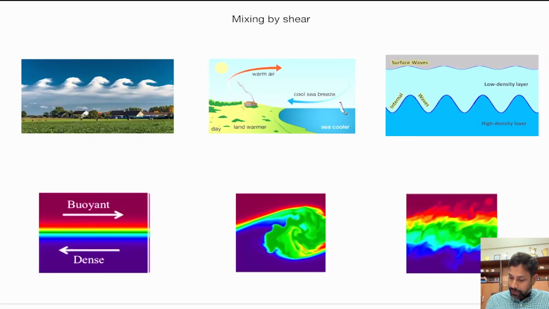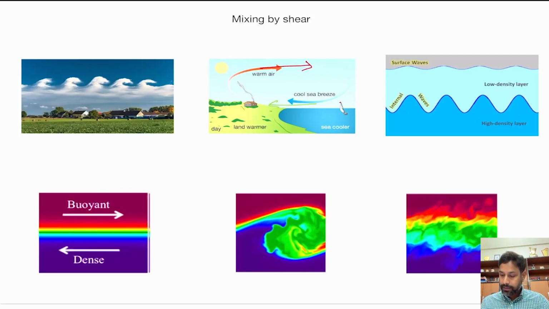Like exchange of warm and cold air near the seashore, where you have warm air flowing towards the sea, and cool sea breeze from the sea coming to the left, right?